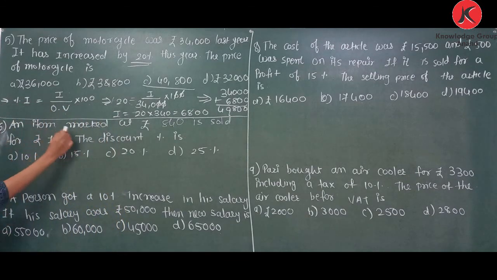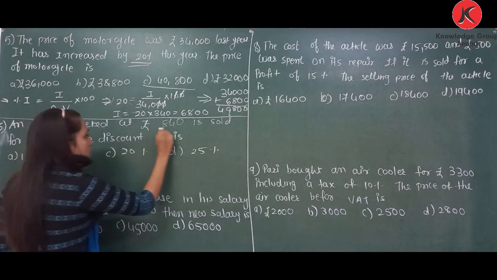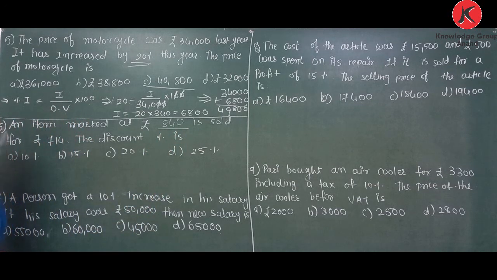Next, an item marked at rupees 840 is sold for rupees 740. What is the discount percentage? This is the marked price and this is the price after discount. So what is the discount? How much discount is given, that we need to find in rupees.